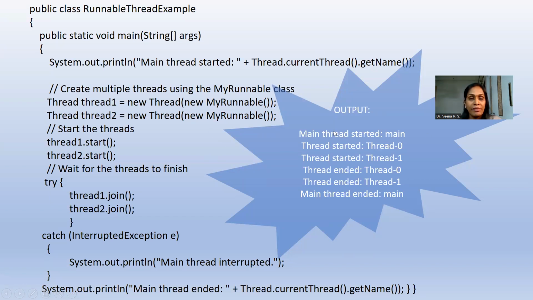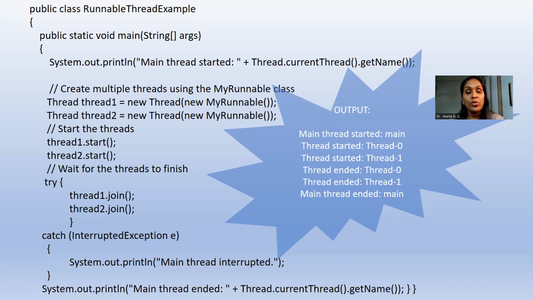Then, due to thread 1 start and thread 2 start, it has started executing the run method, and it has executed the business logic we have written there. After that, the last statement, main thread ended. So a total of 3 threads are running in parallel: thread 1, thread 2, and the main thread. This is how multi-threaded programming can be demonstrated with the program.